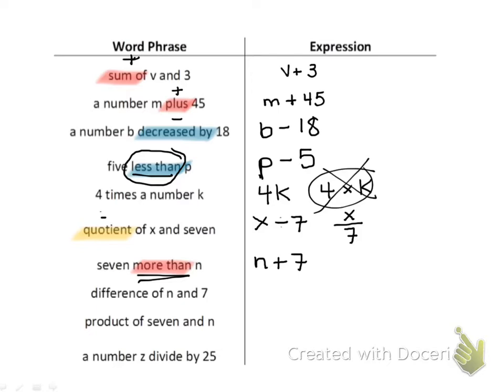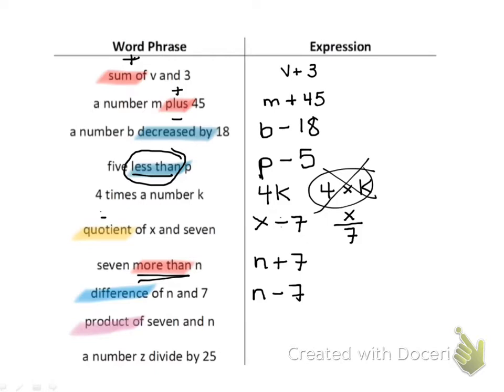The difference of, so difference of means subtraction. So we have the difference of n and 7. So that would be n minus 7, because we're finding the difference of them. The next one is product. The product of 7 and n.